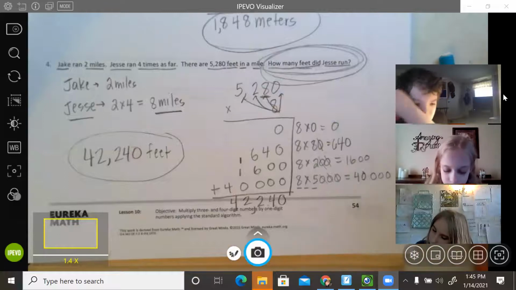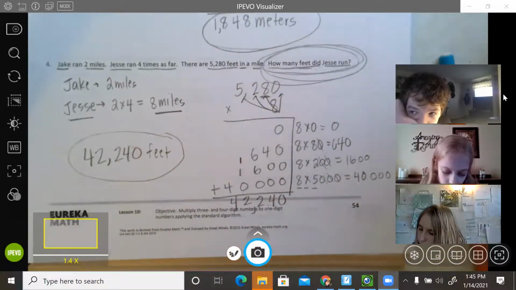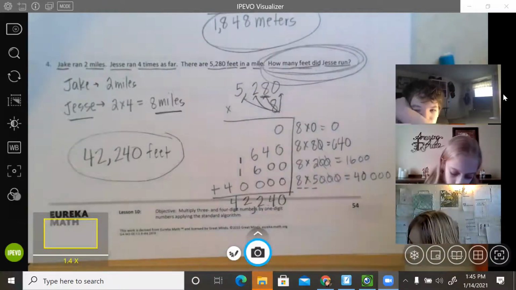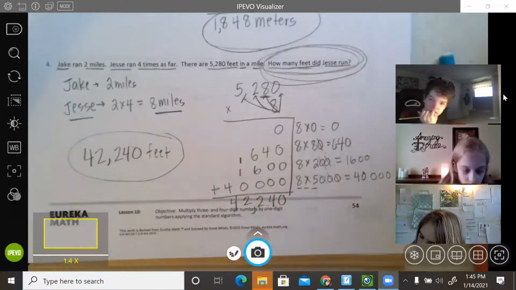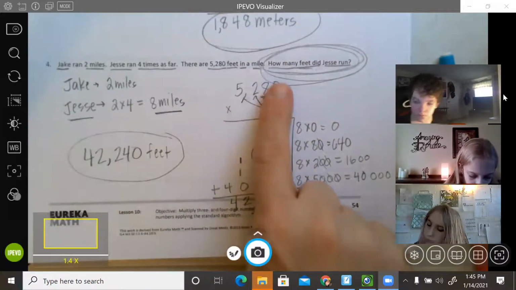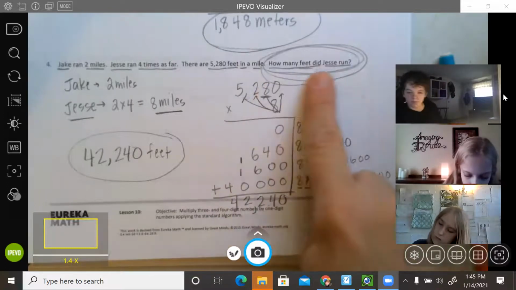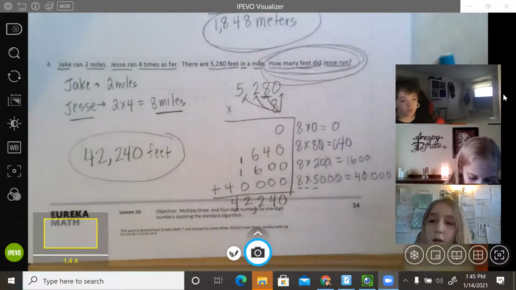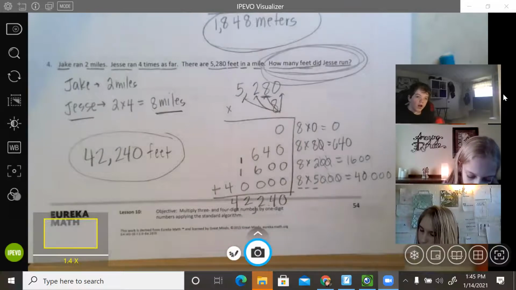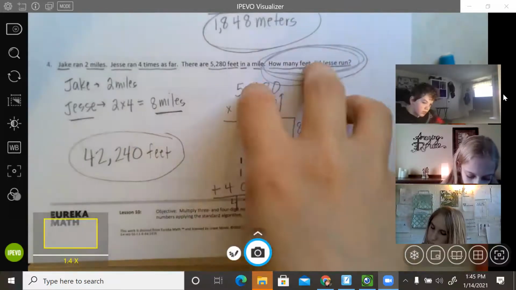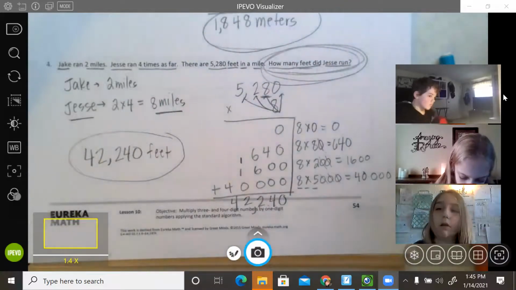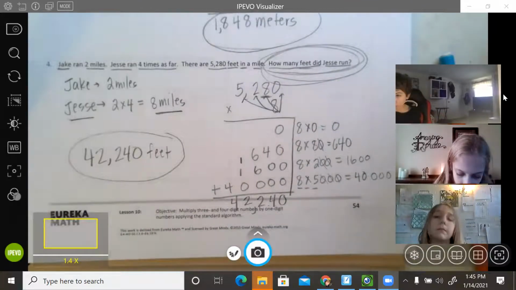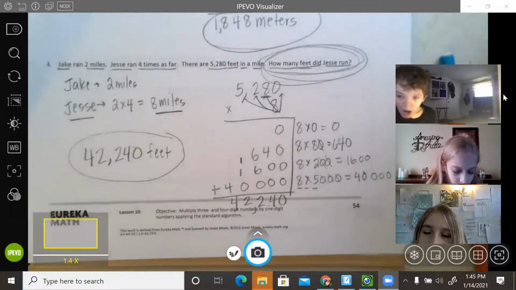I know Mrs. Thomas has been practicing with you guys restating parts of your question and your answer for reading, and you kind of do the same thing in math. So if you want to say how many feet did Jesse run, you can start by in your mind saying Jesse ran blank feet, and then you can figure out the problem, and you could actually write a complete sentence to help answer the question.